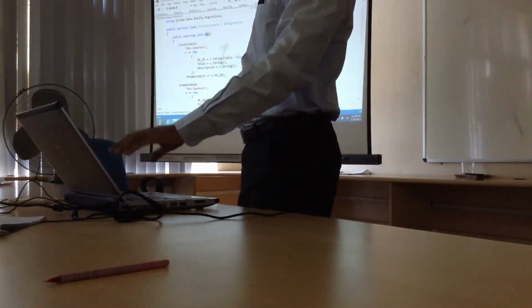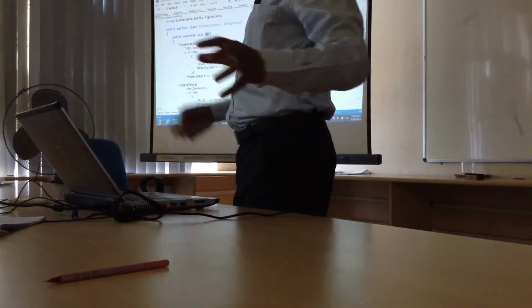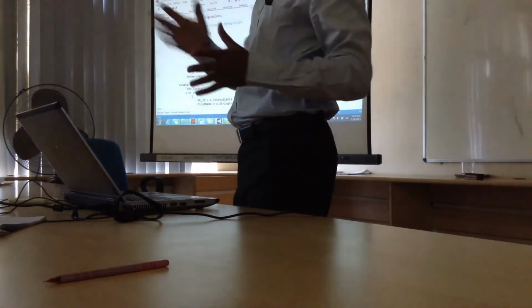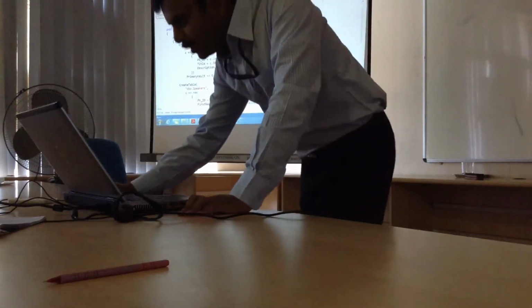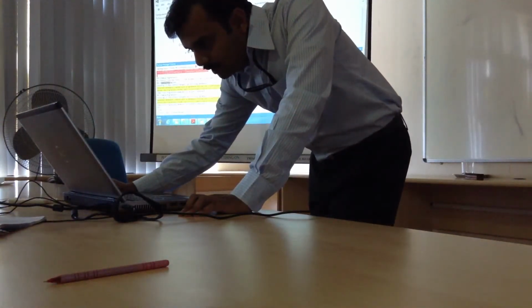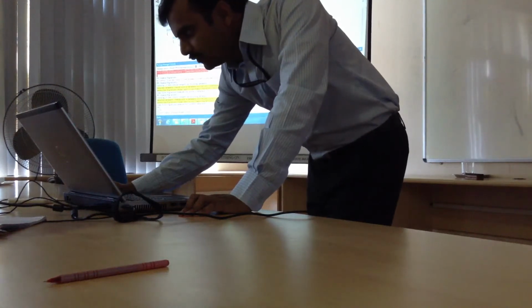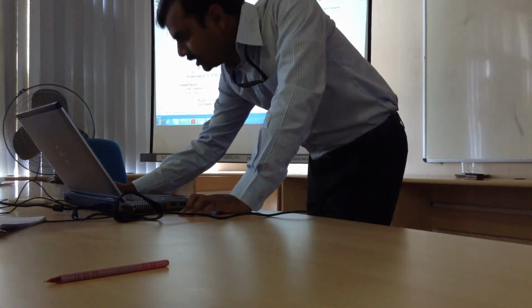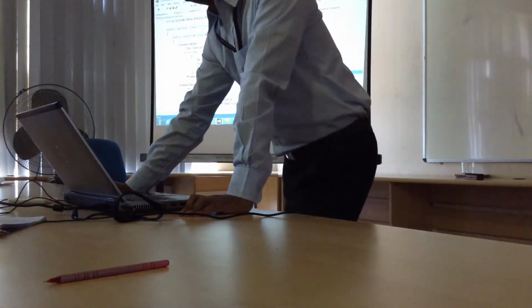It will go on migrating the changes from your Podfast to the database. Whenever we run this command, enable migrations, since we are running it for the first time, it will create the initial creator.cs automatically for you.